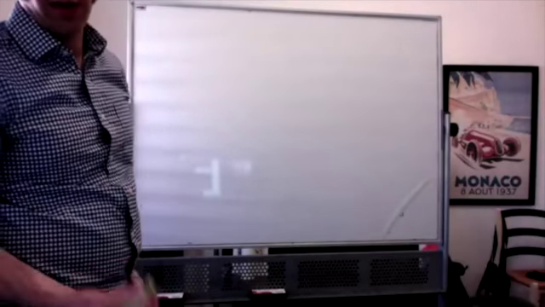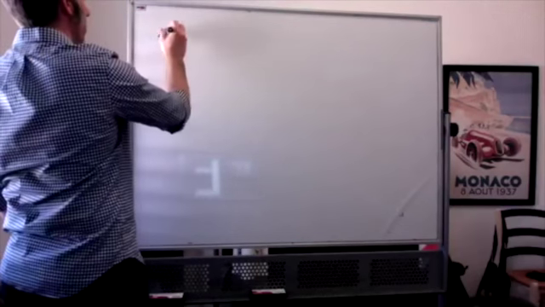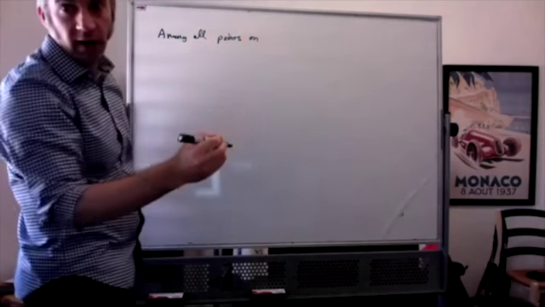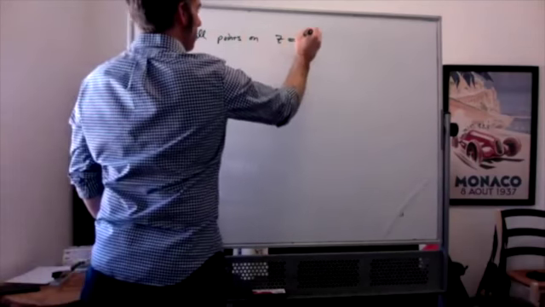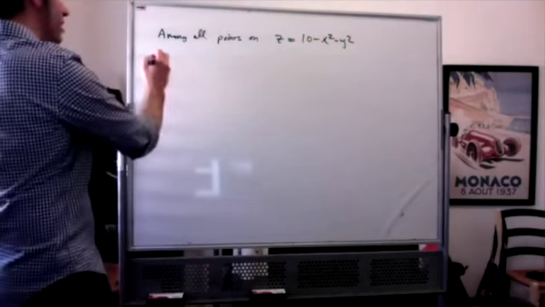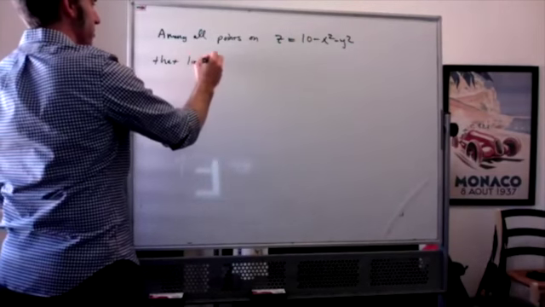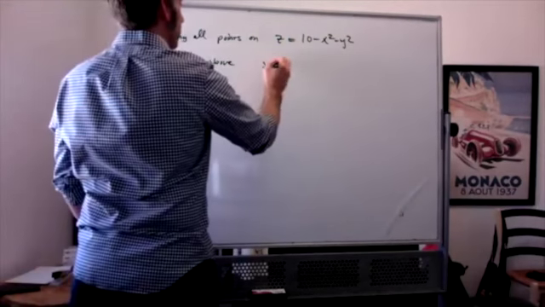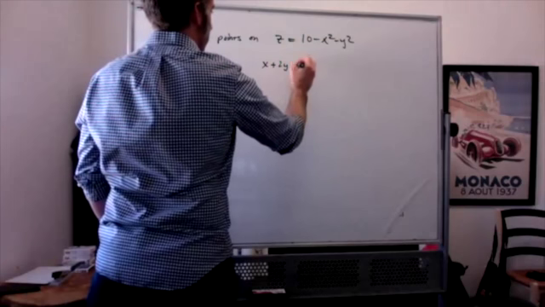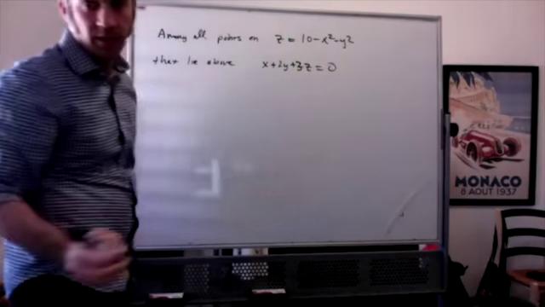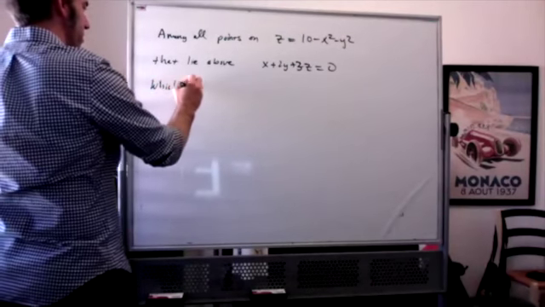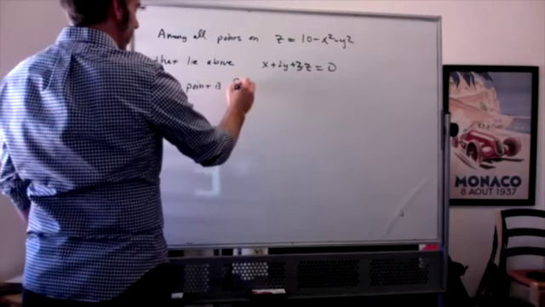Among all points on the graph of z equal to 10 minus x squared minus y squared that lie above the plane x plus 2y plus 3z equals zero, find the point that's furthest. Which point is furthest away?